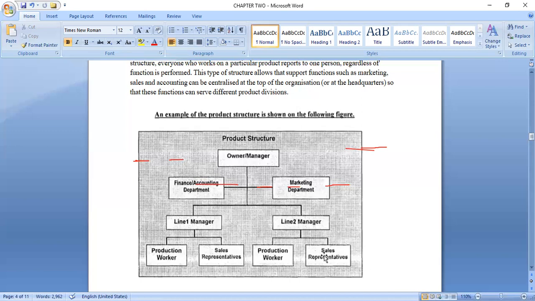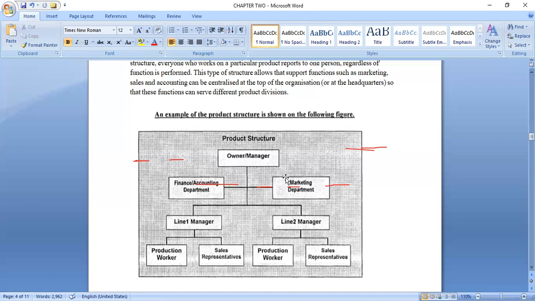But important for us to note is that with these divisional organization structures, and in this regard the product organization structure, these departments like the finance and accounting department and the marketing department will support all these other departments or functions of this organization.